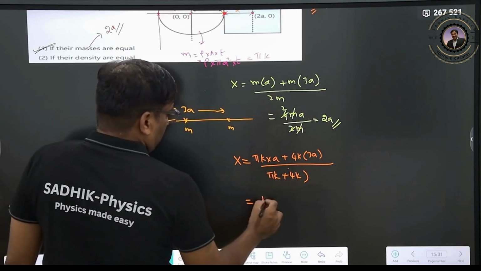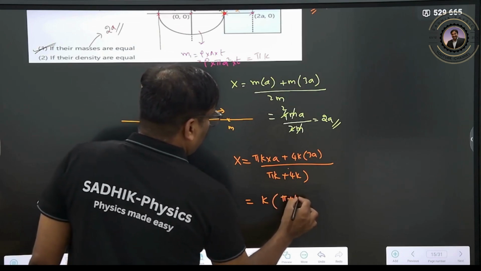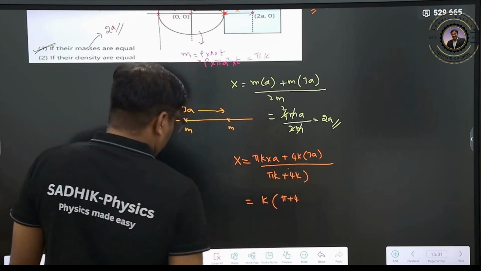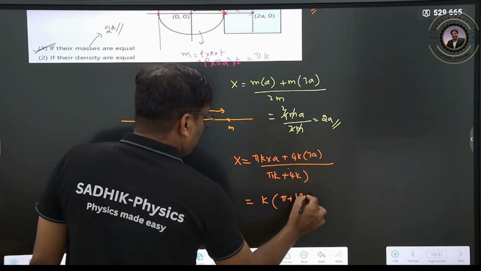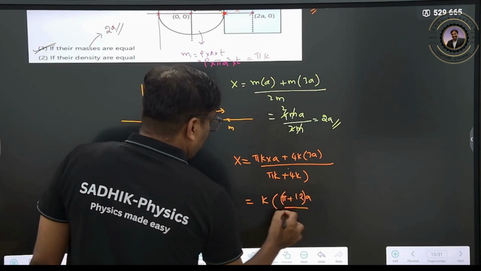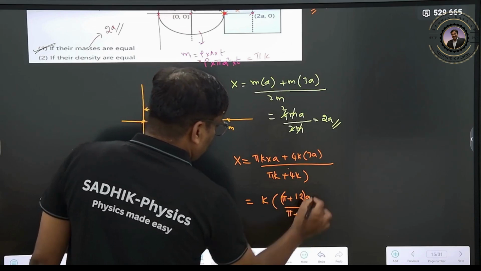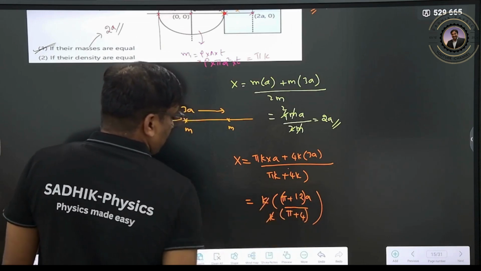Taking k common, we get pi plus 4 times 3, so it is 12, into a, divided by pi plus 4. The k in the denominator cancels out.